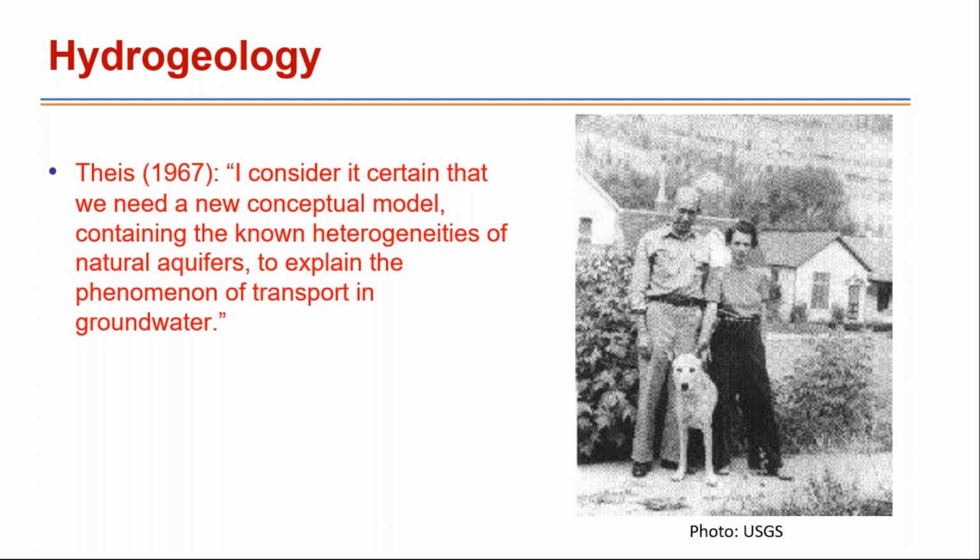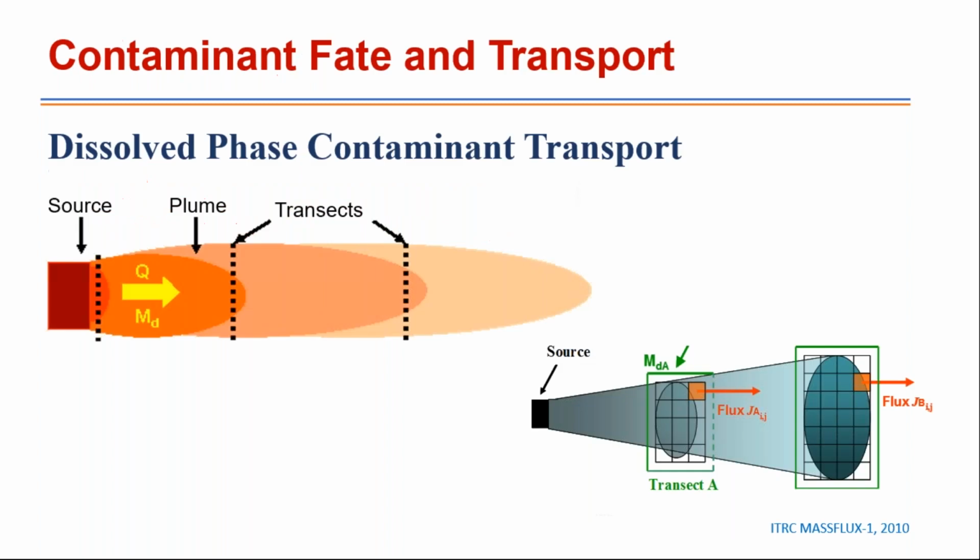But in 1967, he was a smart guy, and he said at a conference, in a paper he wrote, it's certain that we need a different conceptual model, looking at the known heterogeneities in aquifers to explain phenomena of transport in groundwater. We really weren't looking a lot at contamination in the 1960s. It really wasn't until the 1980s. But he was thinking ahead and really realized we need to understand the geology if we want to understand contaminant transport. So now we'll talk a little bit about contaminant fate and transport, dissolved phase fate and transport.